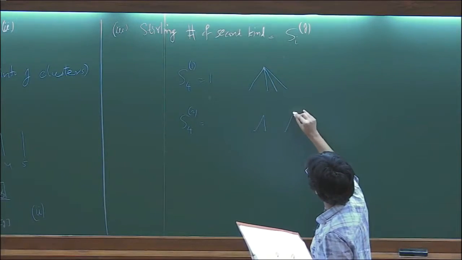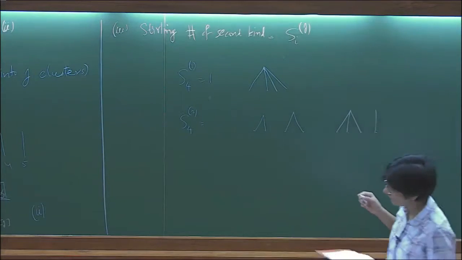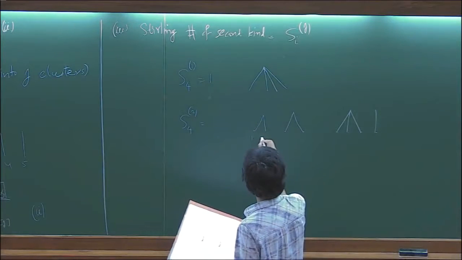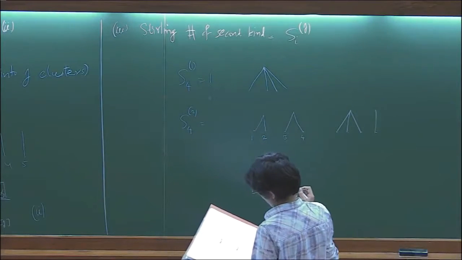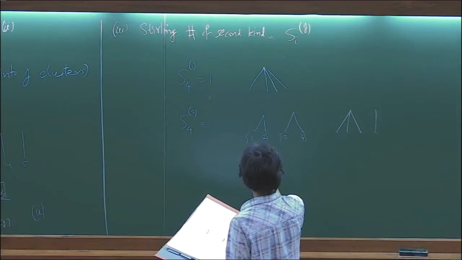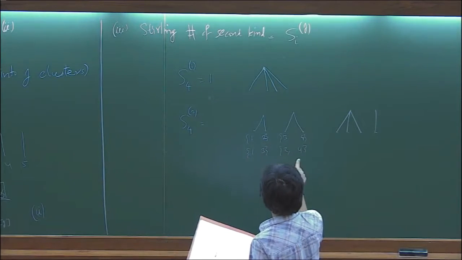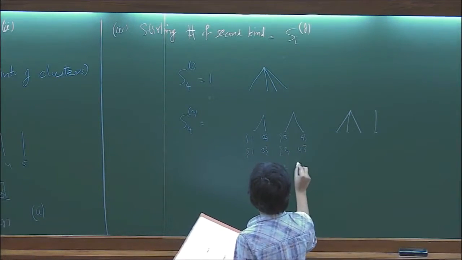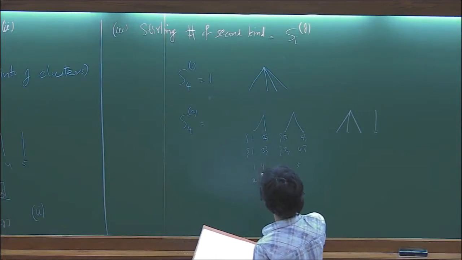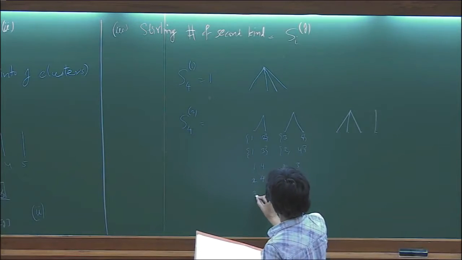Shall we count it? So this could have been 1, 2, 3, 4. 2, 3, so 2, 3 is already done. 2, 4, 3, 4. No. 2, 3 is here. 2, 4, 3, 1, 3, 2.